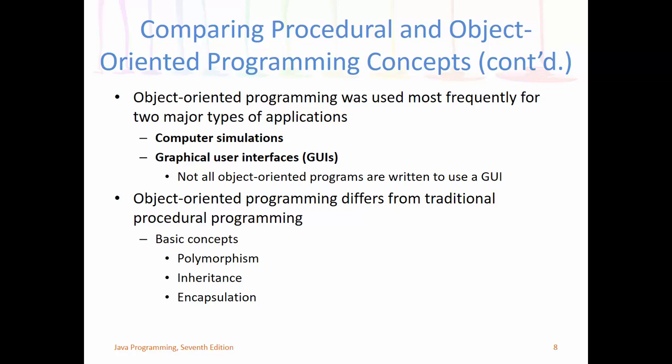It says object-oriented programming differs from traditional programming with these key concepts, and these are very, very important concepts. We'll learn about each one of them in detail as we go, but they're techniques that allow us, once we have created objects, to utilize those objects in many different ways.